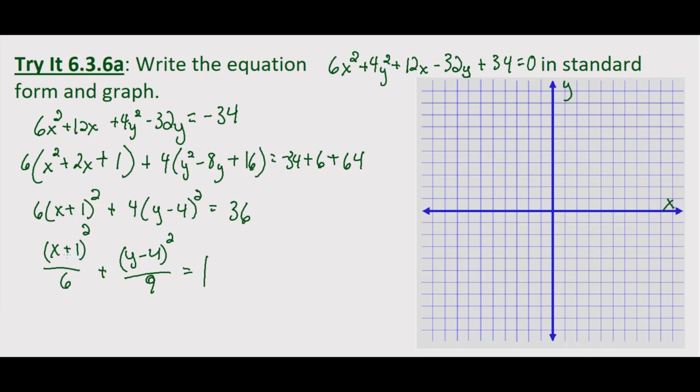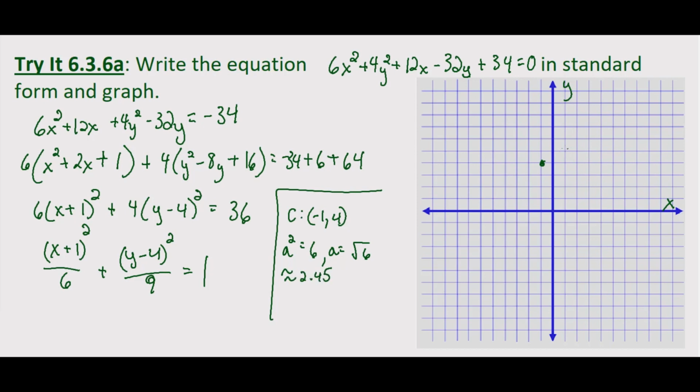So that means our center is at negative 1, 4. We'll go ahead and graph that. Negative 1, 1, 2, 3, 4. We know a squared equals 6. So a equals the square root of 6. And that's approximately 2.45.